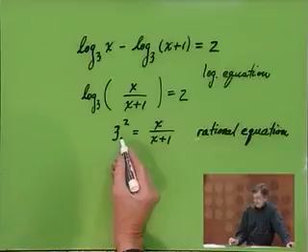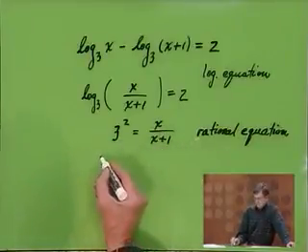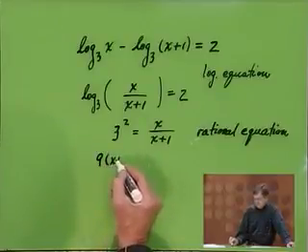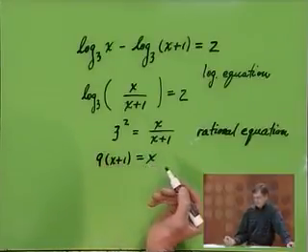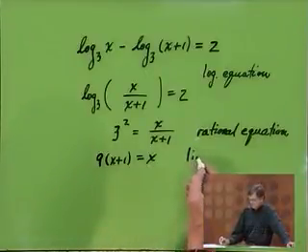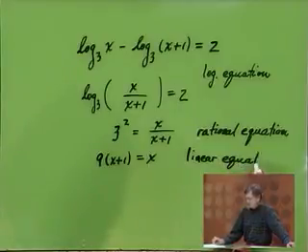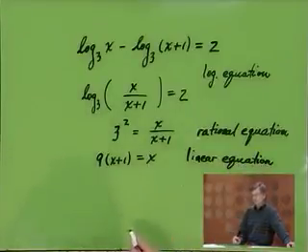Well, this says 9 is equal to x over x plus 1. And let's multiply both sides by x plus 1, and that'll be 9 times x plus 1 is equal to x. Well, I no longer have a ratio. This is a linear equation. So I'm slowly getting this down to a form that I'd like to solve.